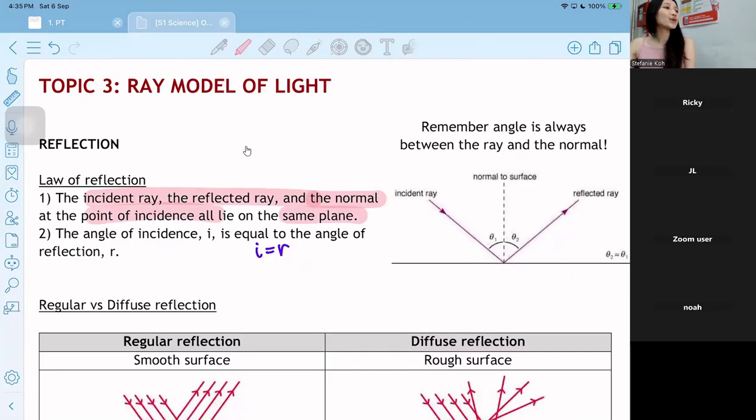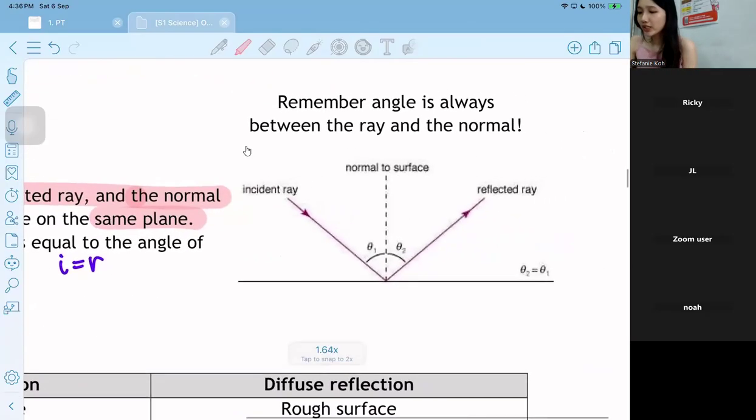For example, if you look at this table, the incident ray hits and reflects off on the same plane. This table is one plane, which is the mirror. So you just imagine there's a whiteboard behind it.